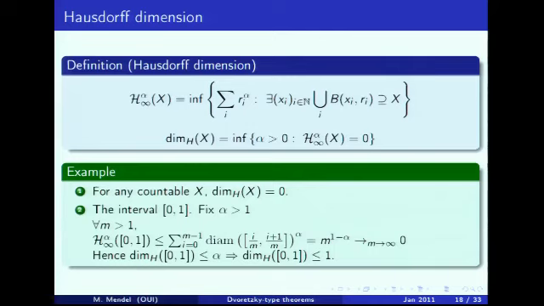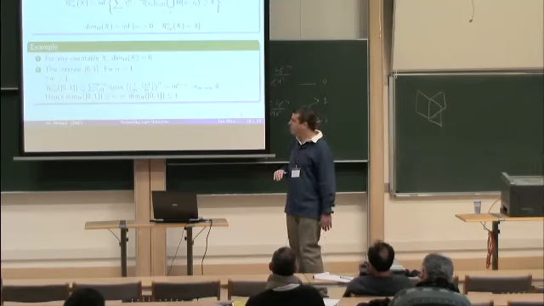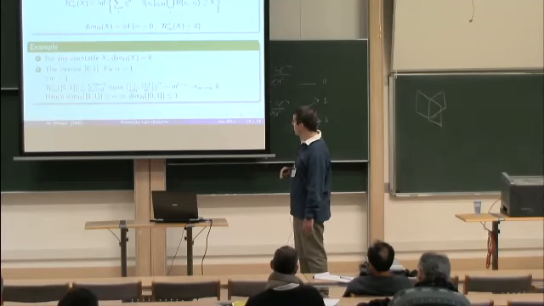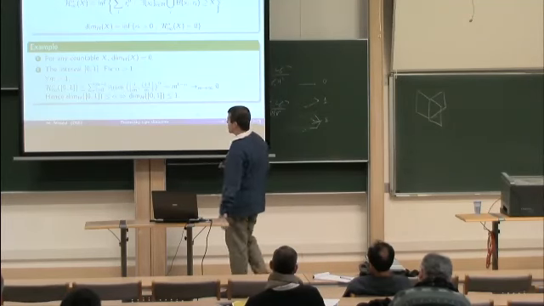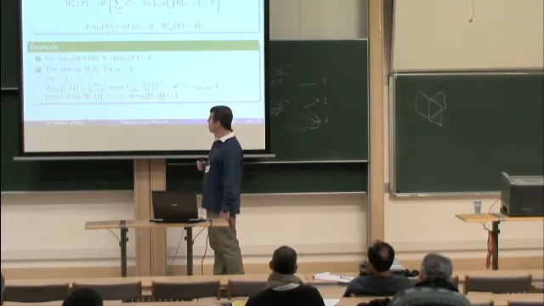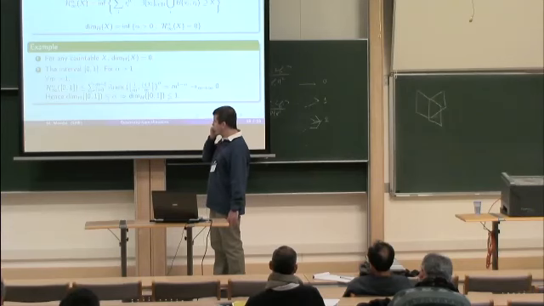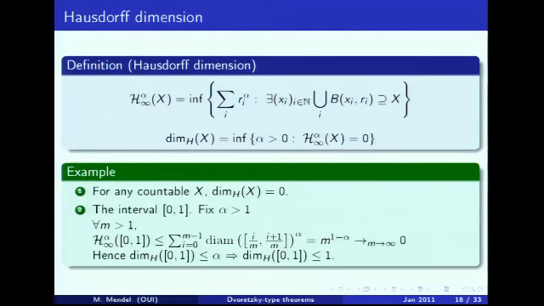It's the point where it becomes non-zero. This is the alpha, the Hausdorff dimension. So let's prove that the Hausdorff dimension of the interval is 1. To prove it, let's take alpha larger than 1 and show that the Hausdorff content is 0. And this is actually very trivial.